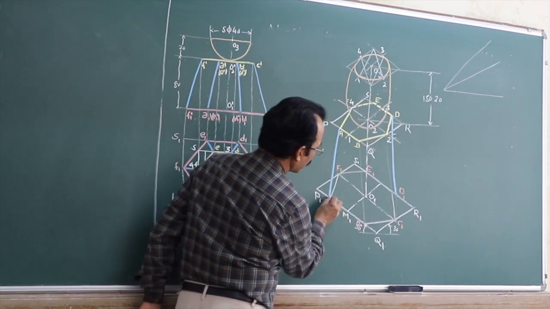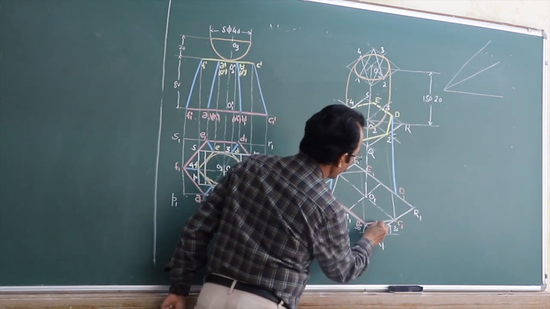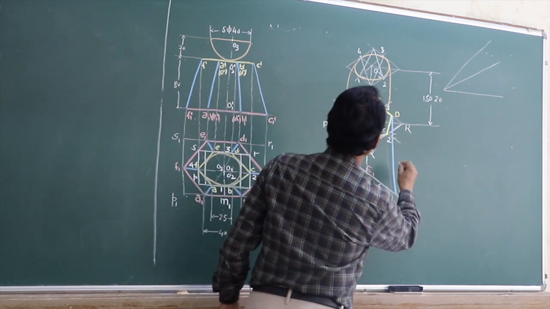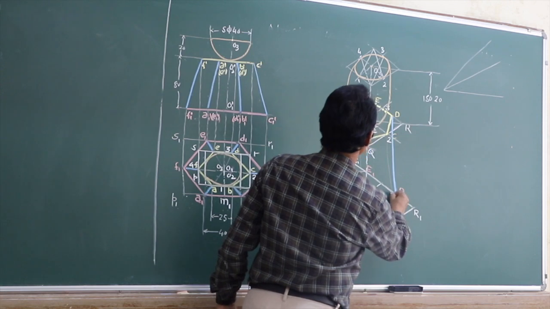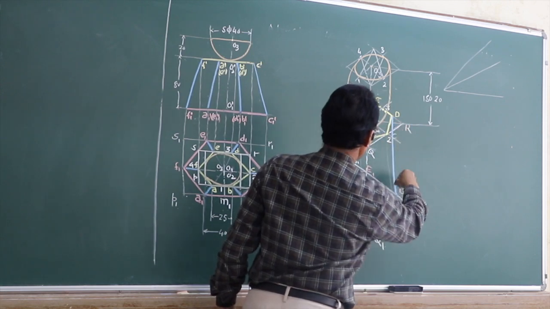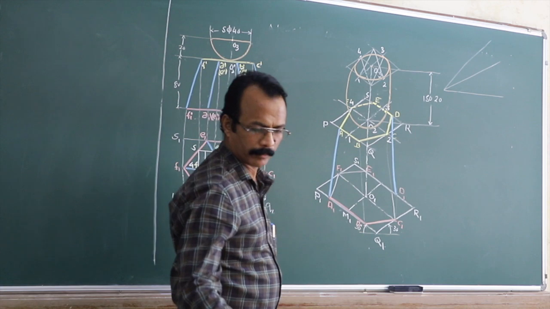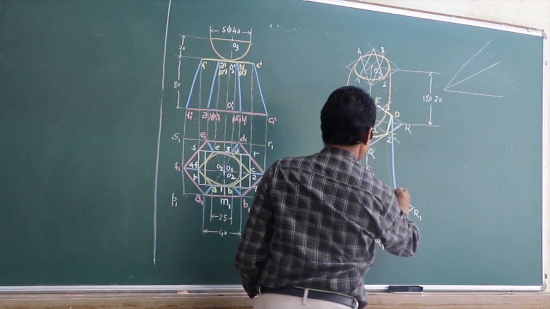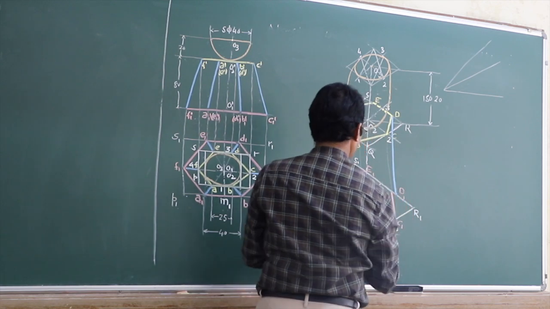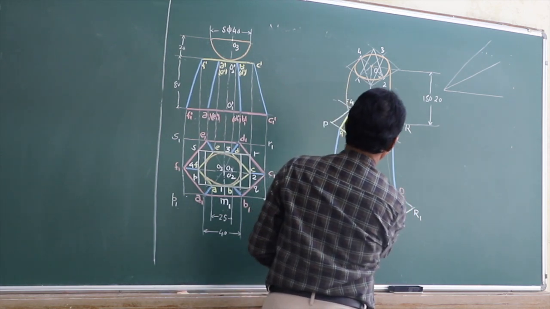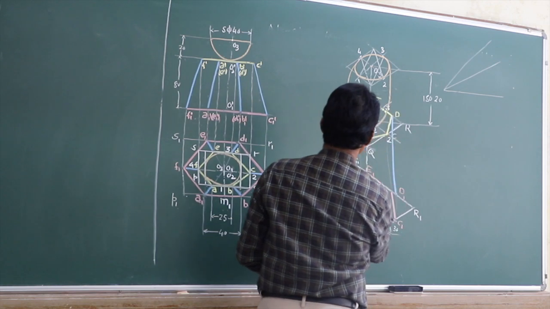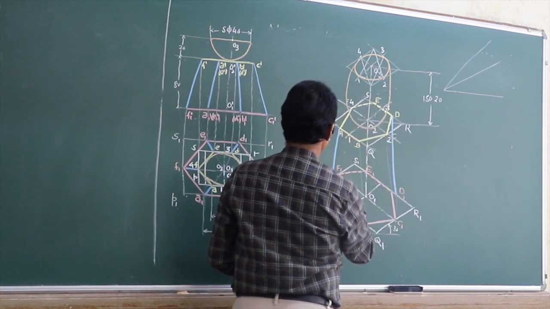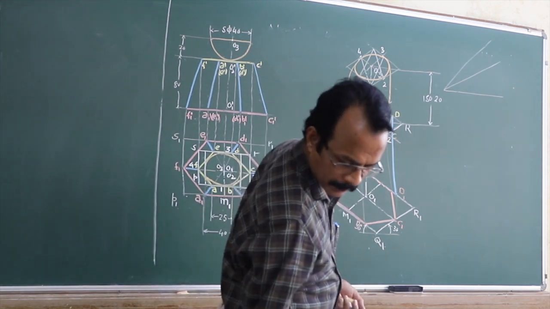Okay. A to B, B1 C1, then C1, D1 here, right, D1, E1 will be dotted, then E1, F1 will be dotted.